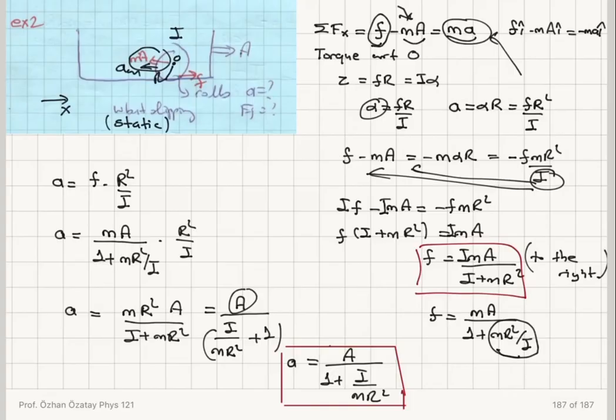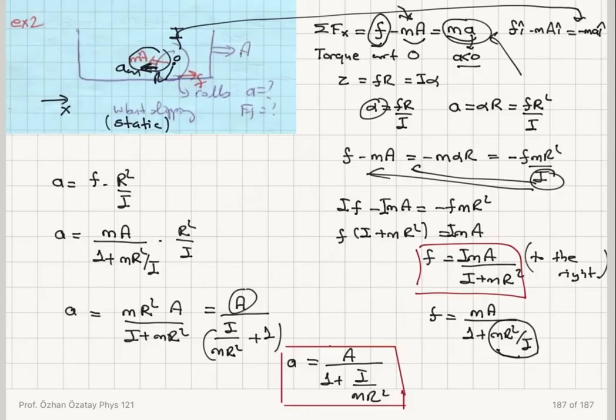So when you consider your alpha and a relationship, you have to pay attention to this a. So here this a is negative, so that means the acceleration of the center of mass should be to the left. Therefore, I have modified this equation to be minus ma I hat.